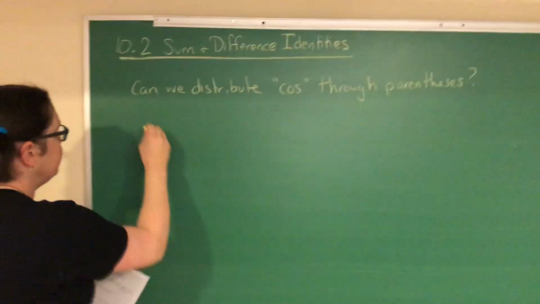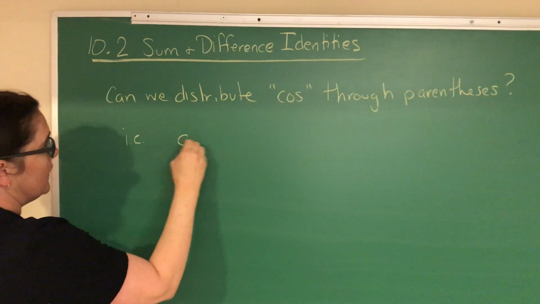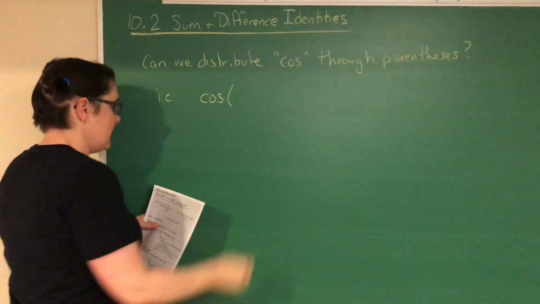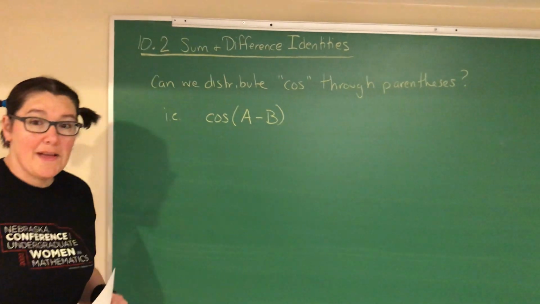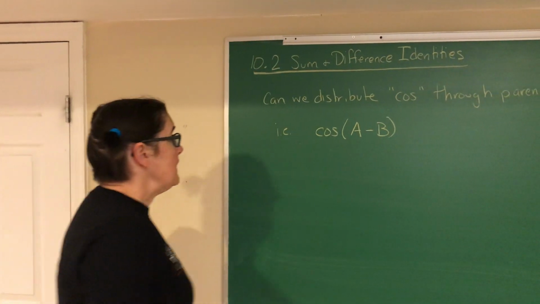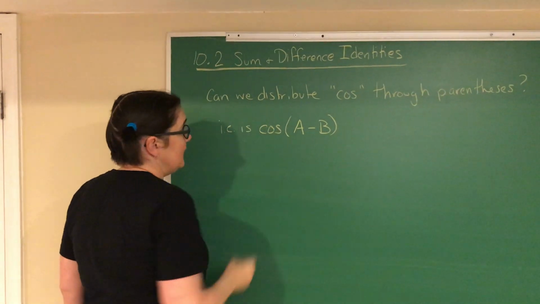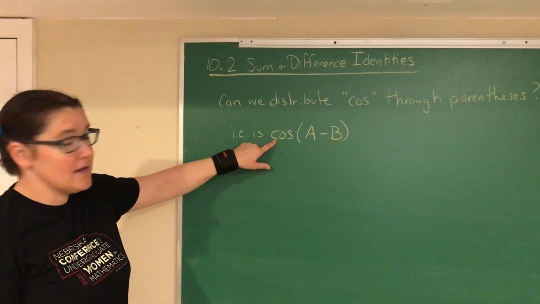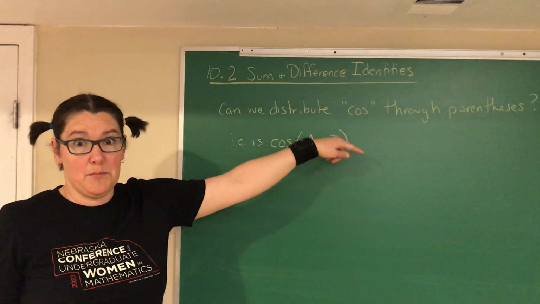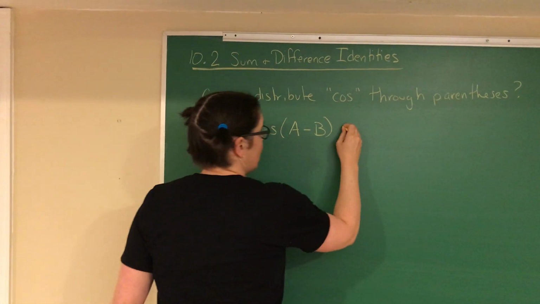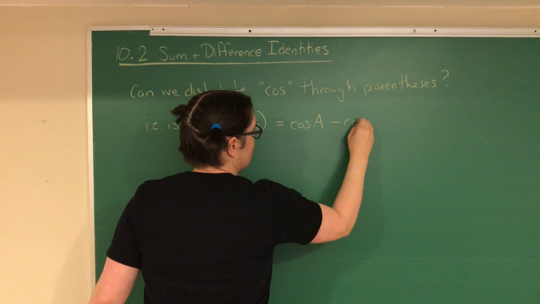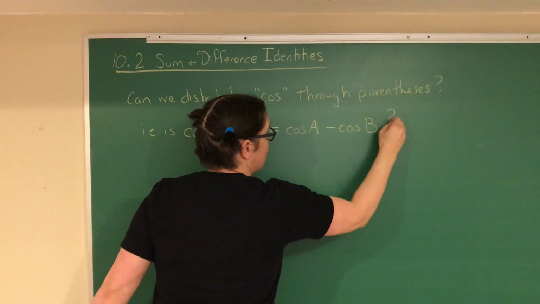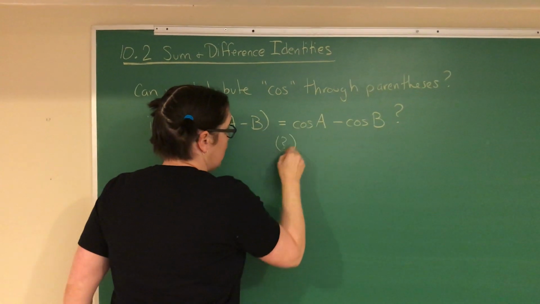In other words, if I have cosine of a minus b, two angles inside the parentheses, is it okay for me to take that cosine function and distribute it through the parentheses? In other words, is cosine of a minus b equal to cosine of a minus cosine of b? That's the question that we want to start with here.